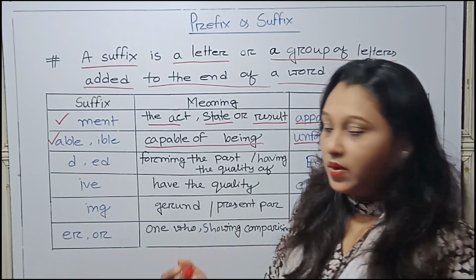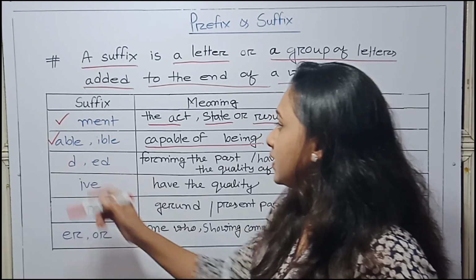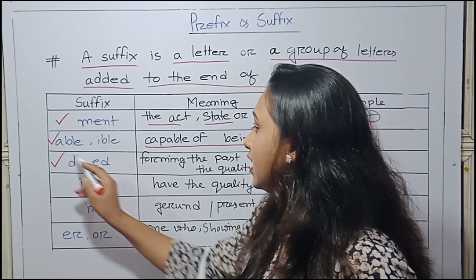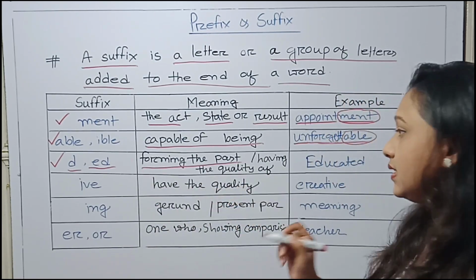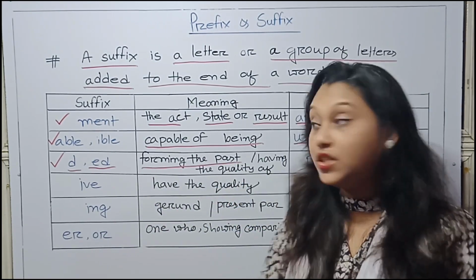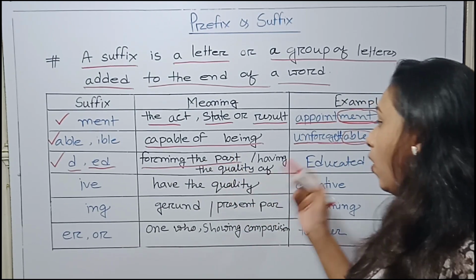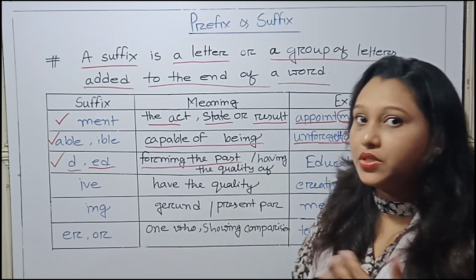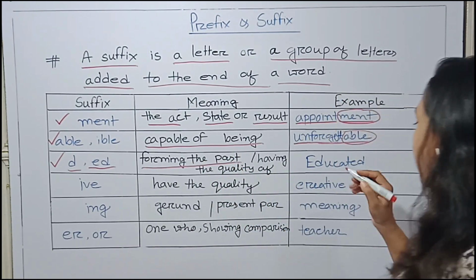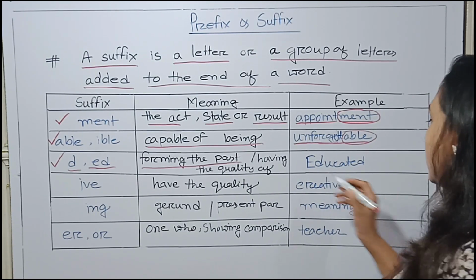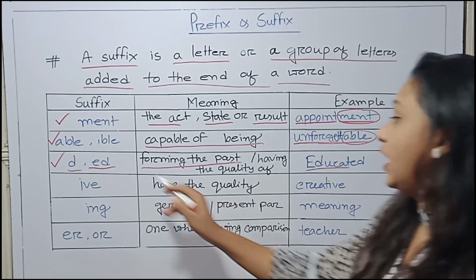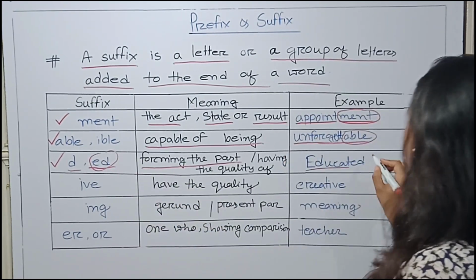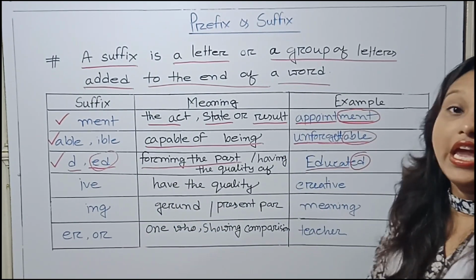Well, now our next suffix is d or ed. That means forming the past, you can use d or ed to say past form, or having the quality of. That means some quality. Here you can see educated. Educate was our main word and after that we use here ed, educated.